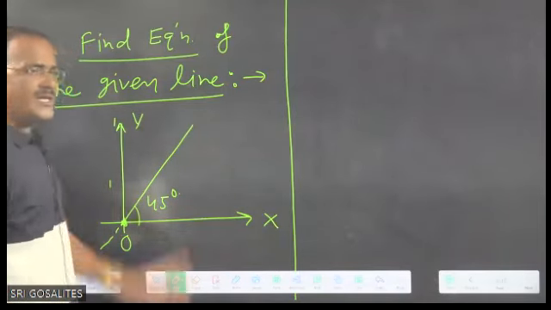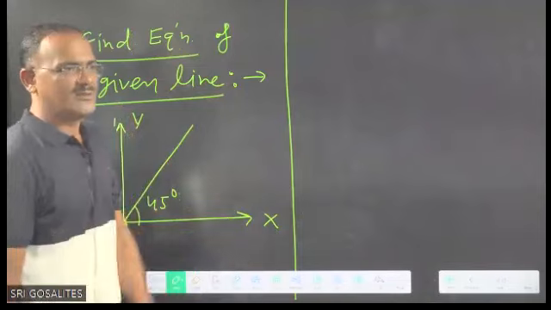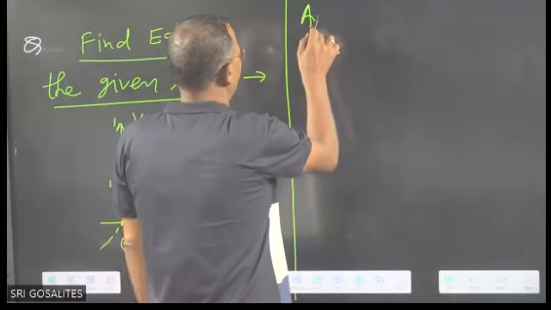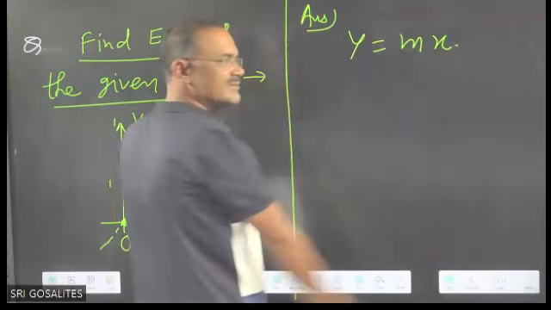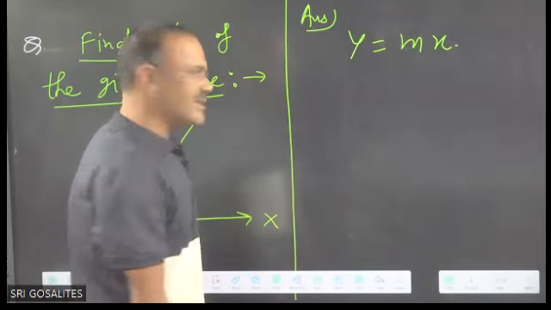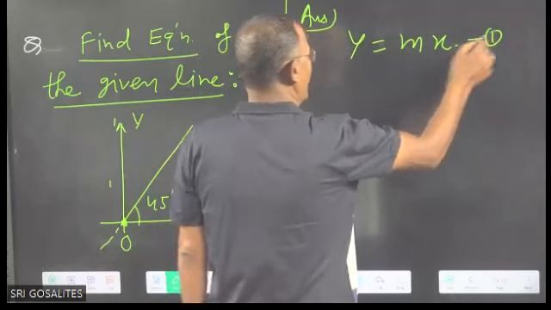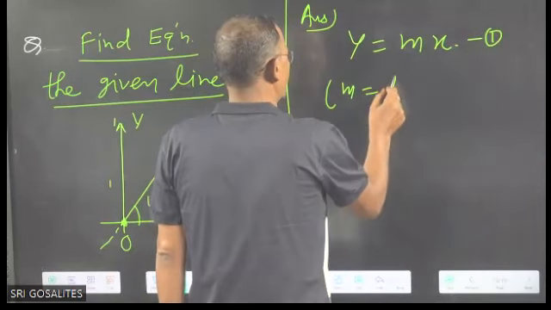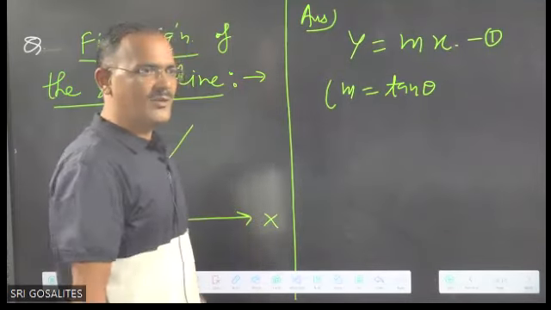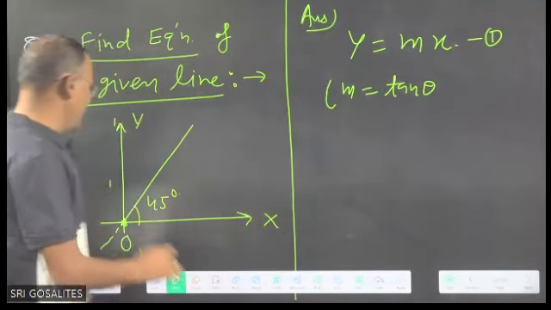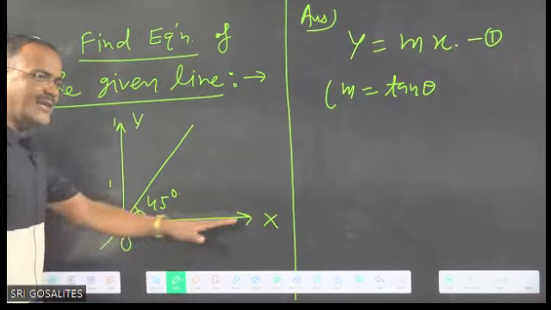First thing, it is passing from the origin. So the equation of the line which is passing through the origin is what? Y equals to mx. Now bachcho, what is the m? M is the slope. What is the slope? Tan theta. What is the theta? Angle made by the line with the x-axis.